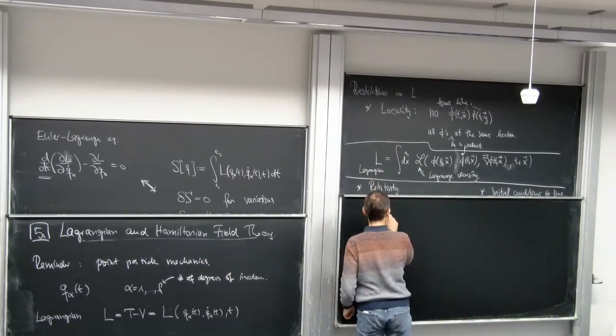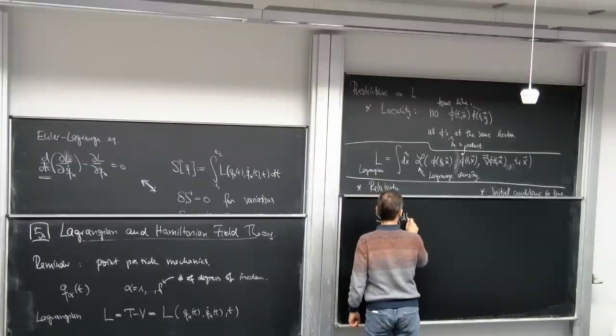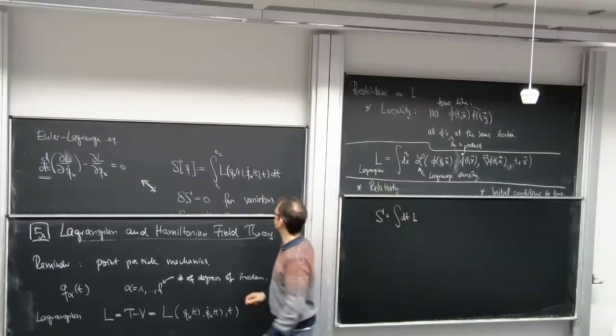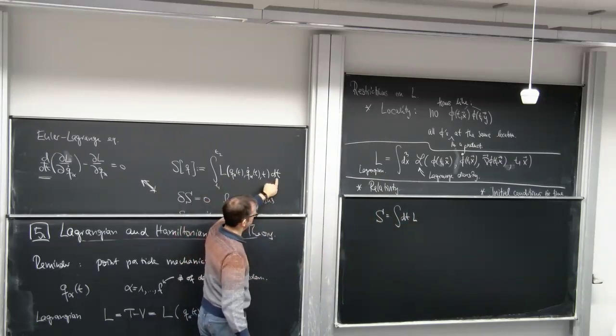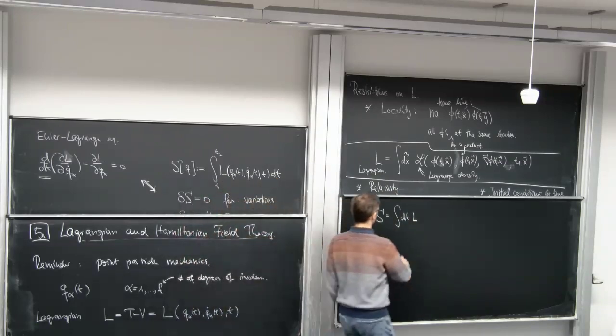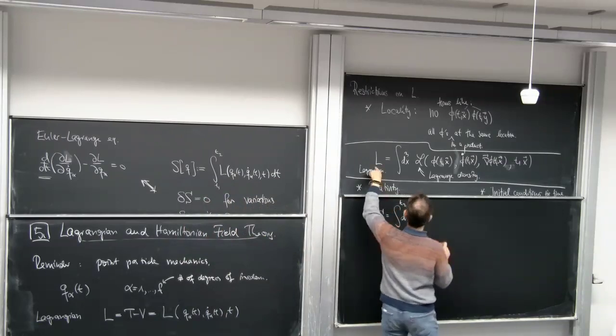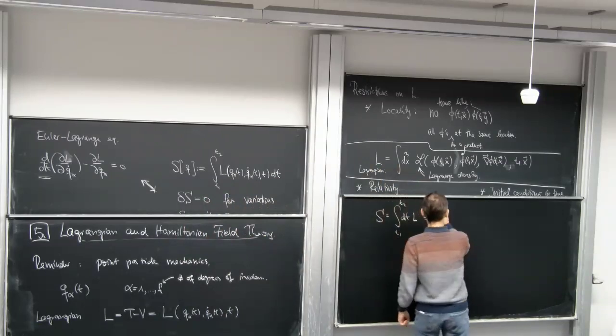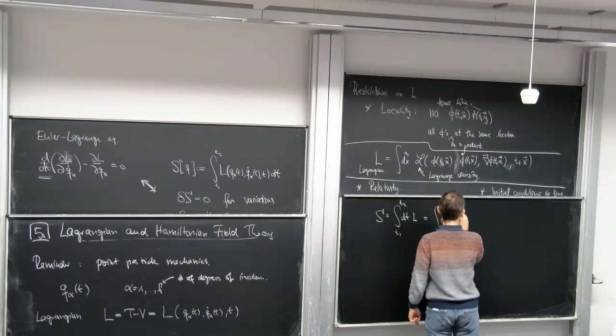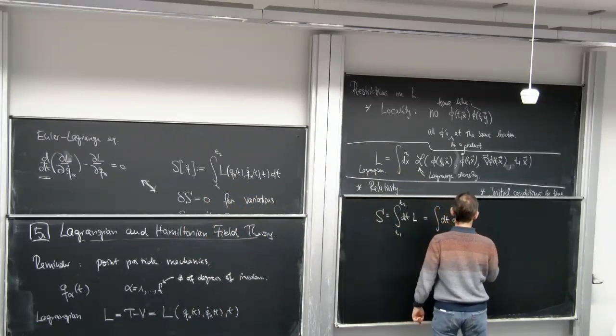The S is the integral. Nothing has changed there. It's L dt from T1 to T2. And since the L has this form, you have an integral dt dx L.